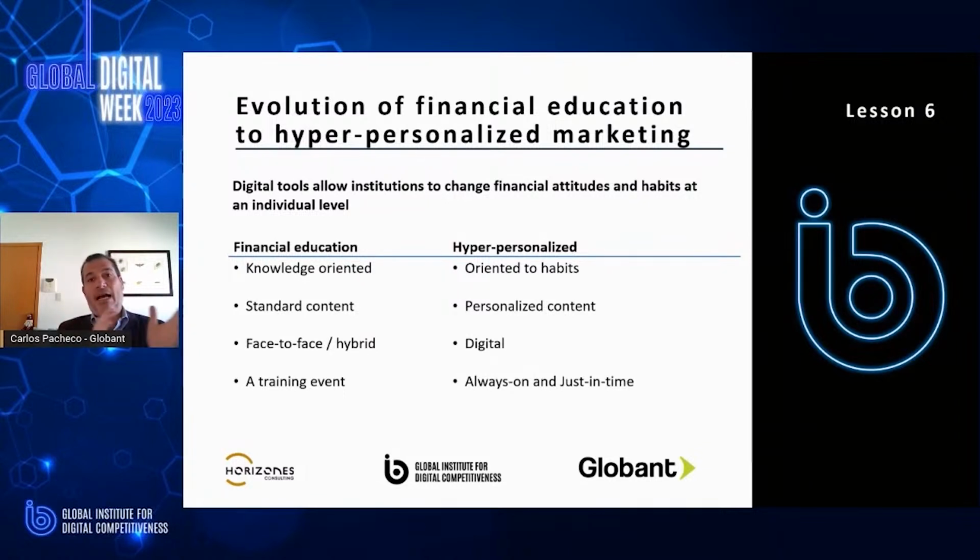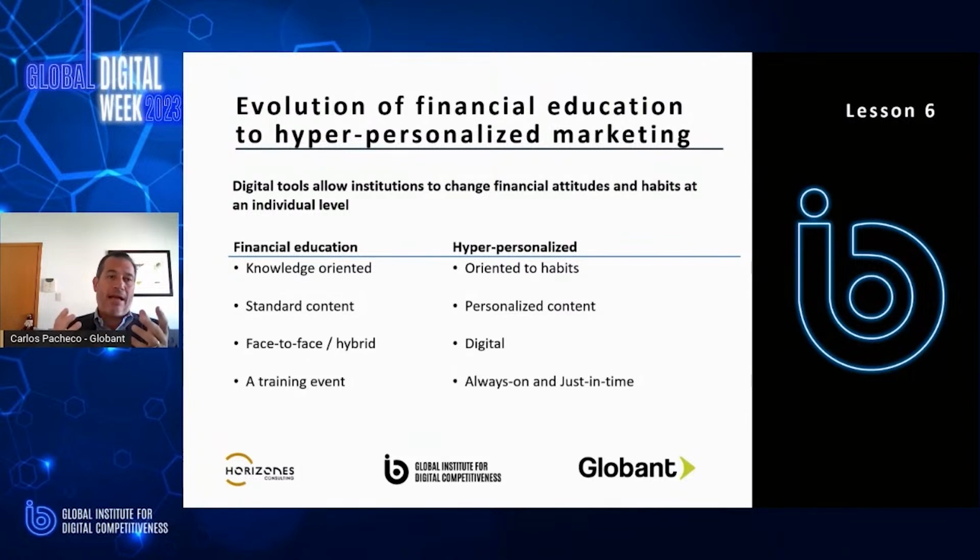The sixth lesson is how we evolve our efforts from financial education to what I call hyper-personalized education or marketing. Let me describe the financial education that was typically done. It was knowledge oriented. We were educating people on finances.